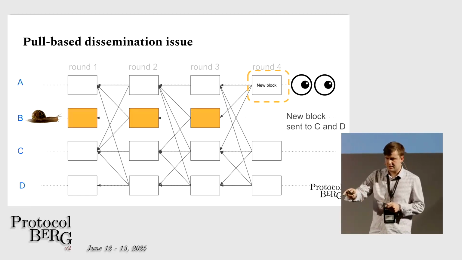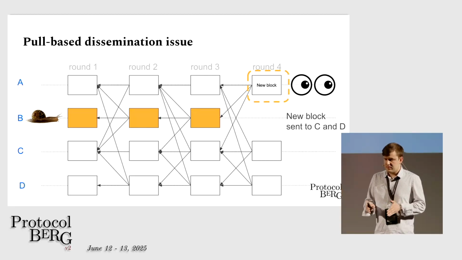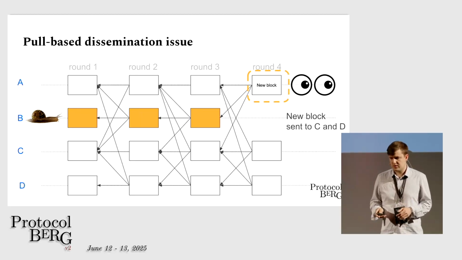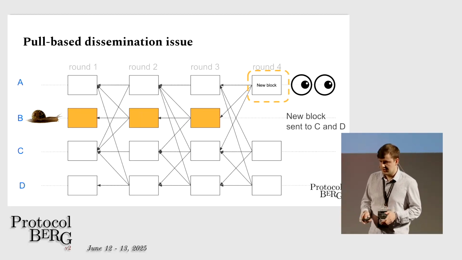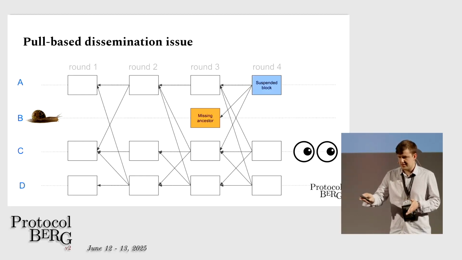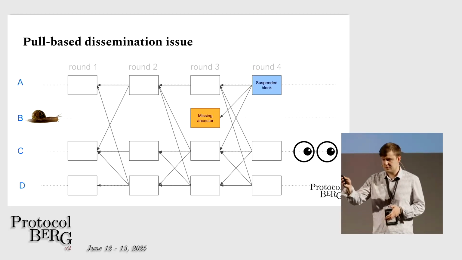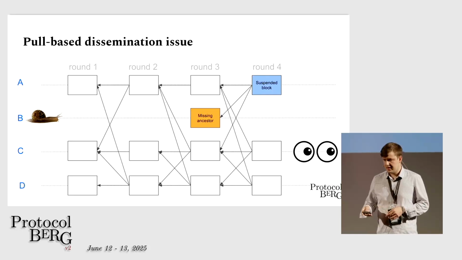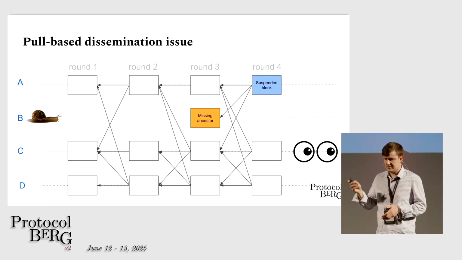And then this validator A is thinking, okay, if I use pull-based dissemination, then I'm going to send only my own block to all others. And this block is sent to validators C and D. But let's look at what happens from the perspective of validator C. It receives this block from A, and it understands, okay, there is a missing ancestor, I need to request it.